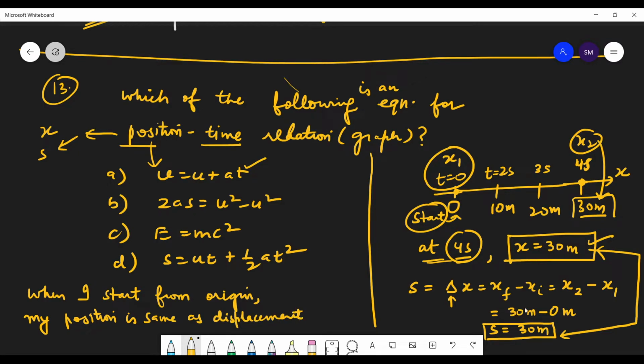Because to find displacement, I am subtracting final position minus 0, because I started from 0. So final position minus 0 is 30. So my position and displacement are the same.